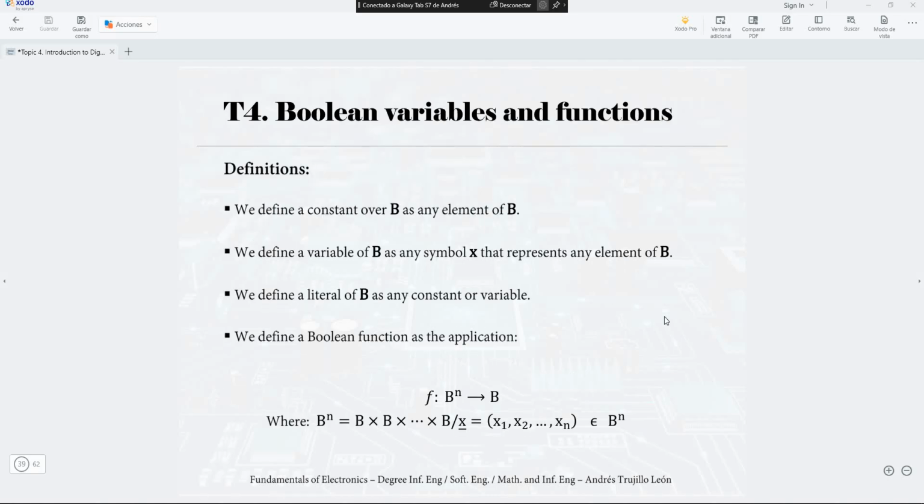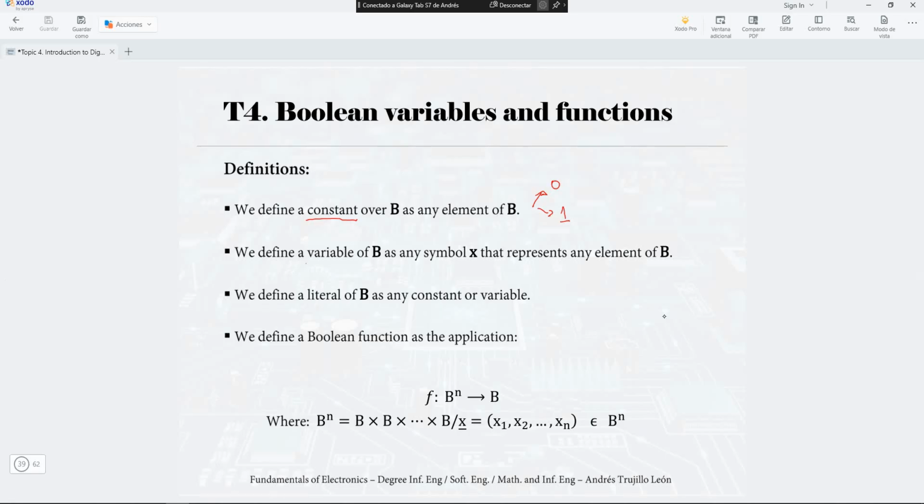So now we are going to see some definitions that are important when using the Boolean algebra. We are going to define a constant over V as any element of V. This is really simple to understand. A constant is going to be either 0 or 1. More things.